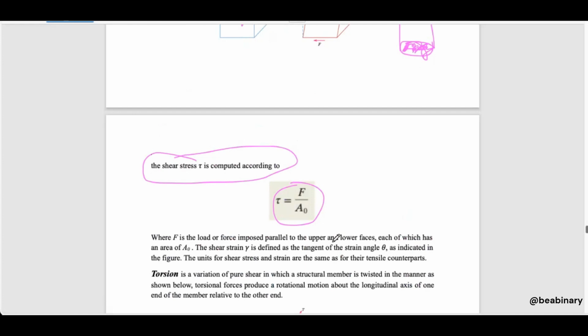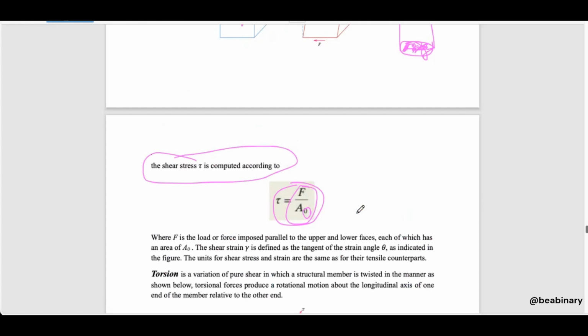As we will discuss later, what is the stress? In normal cases, if we talk about the compression test or the tensile test, in both cases you would have the same formula, F by A naught. This O indicates original, the area at the beginning of your test. Once you start stretching the specimen, your length will increase and at the same time the diameter of the cross-section area will decrease.